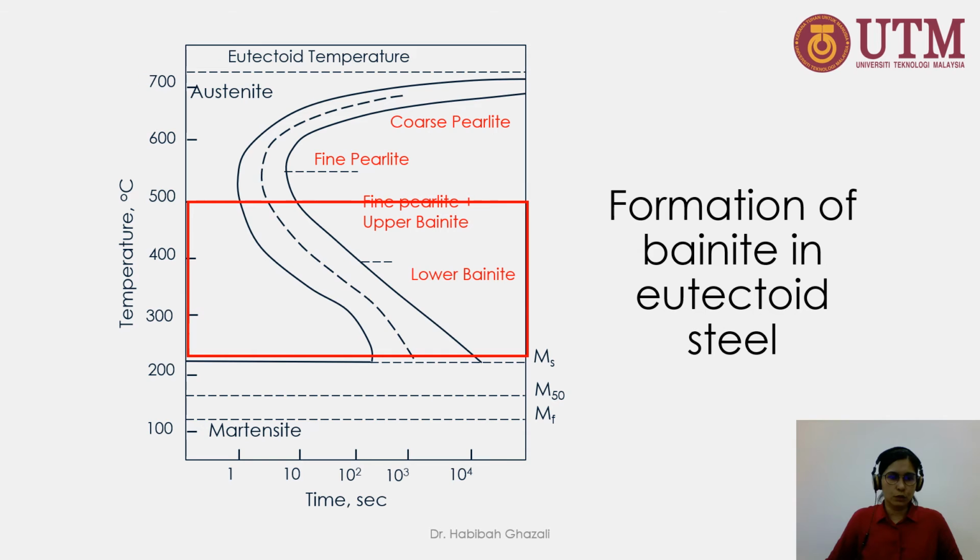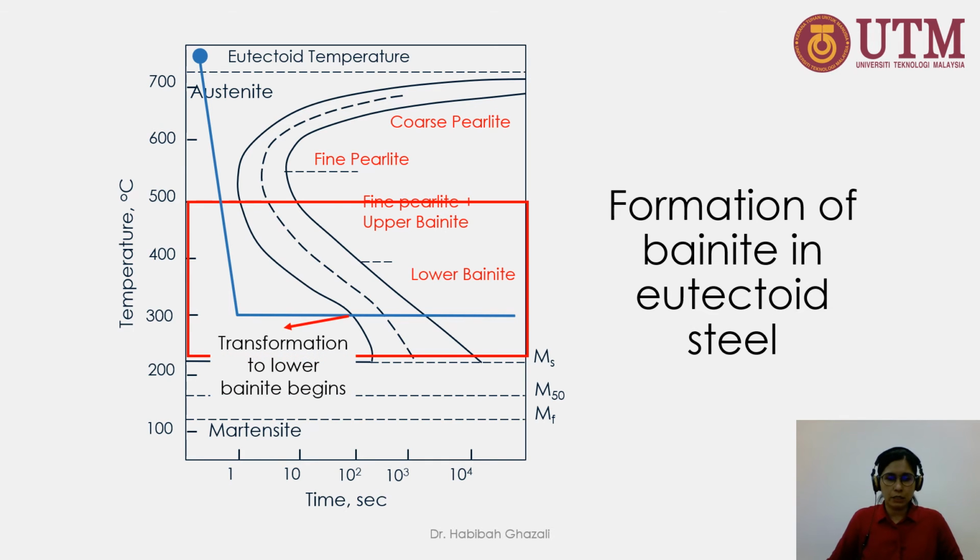So what you need to do is to heat up your materials to become austenite again, and then quench it to a temperature within this range in this red box here. So let's say you quench it to 300 degrees Celsius, you want to transform it to lower bainite. You hold it for a certain period of time, and your final microstructure will be lower bainite.